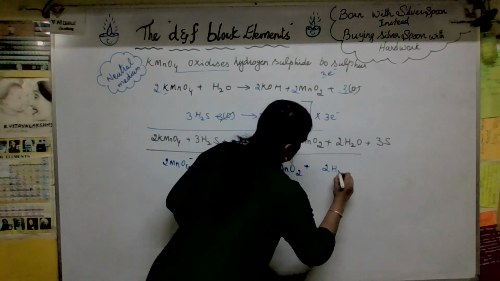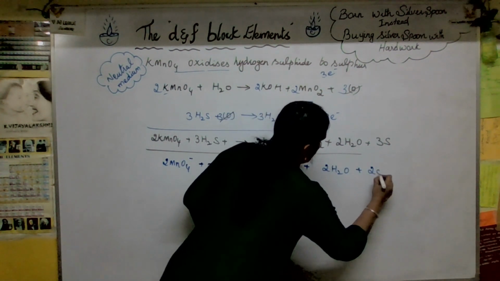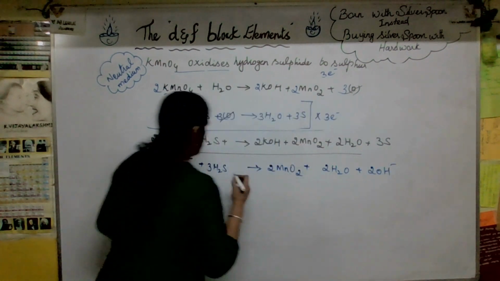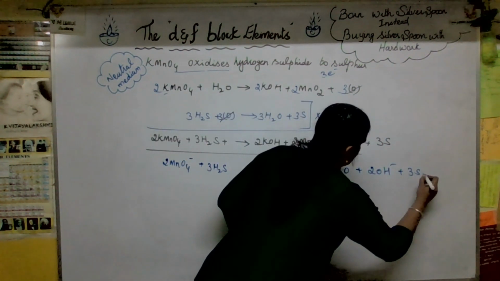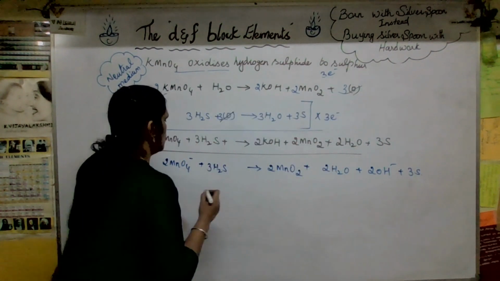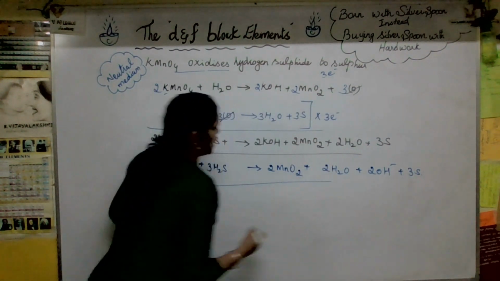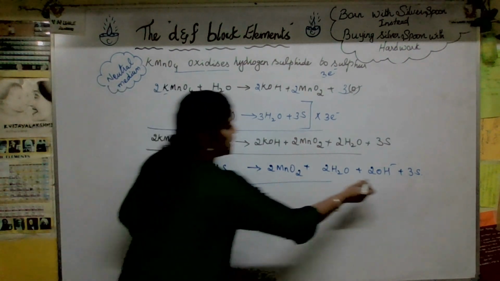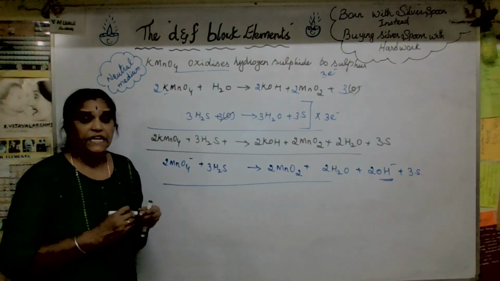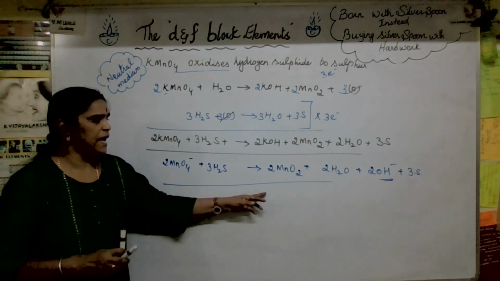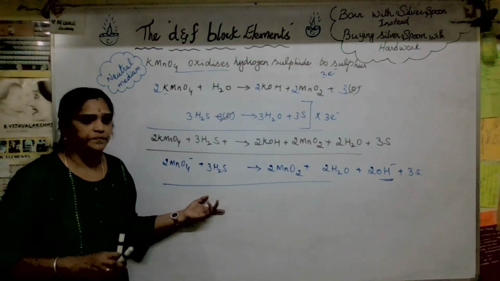So 2H2O plus 2OH minus, and here 3 sulfur. Hope you're clear with this ionic equation. Here the OH minus ion, which I have written, is because of the neutral medium, neither acid nor base. That is what I have written. Hope you're clear with this.